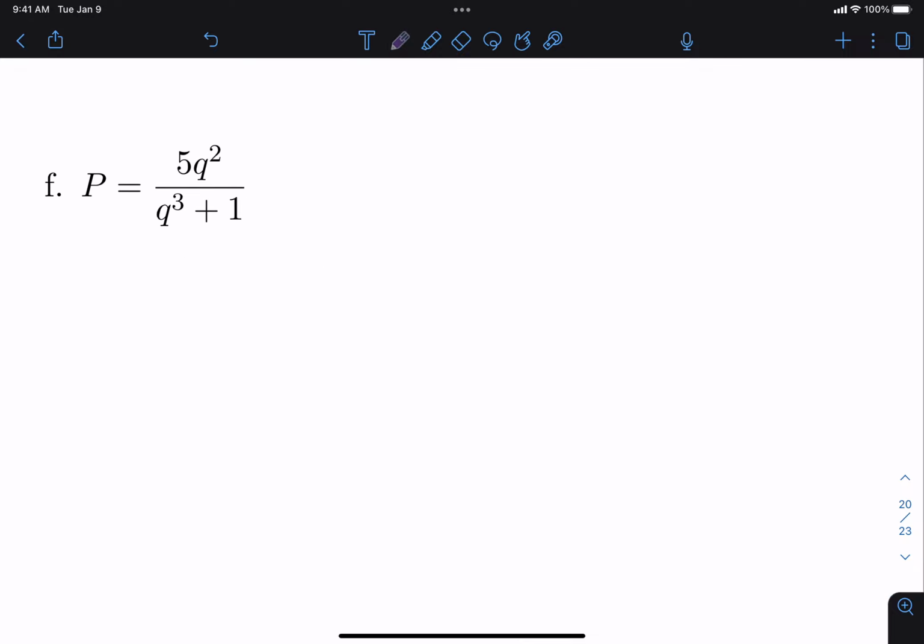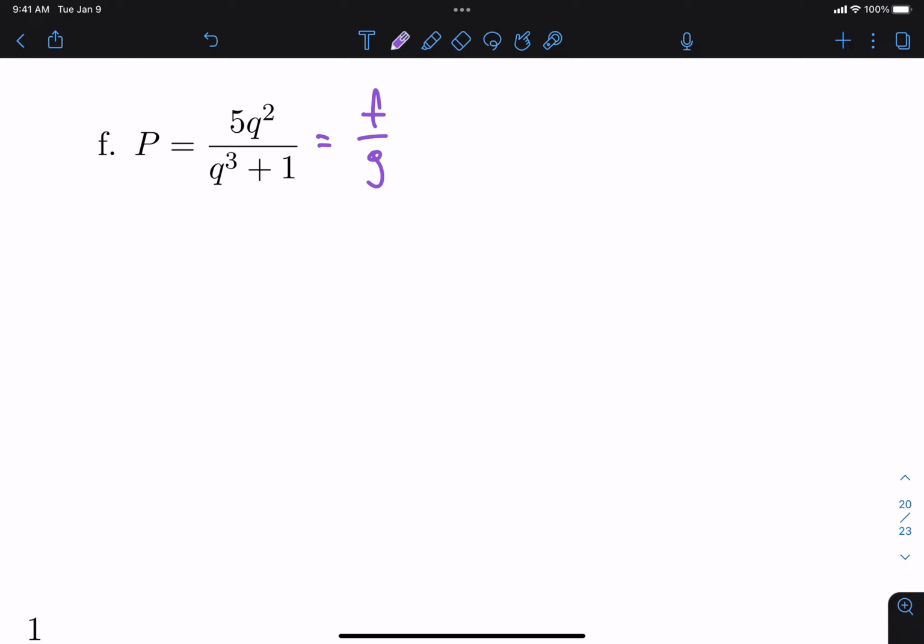So we've got p equals 5q squared over q cubed plus 1. Okay, so this is f over g. So I have to remember what the quotient rule says. So let's say that I don't remember the formula exactly, but I can remember that saying. What was that saying again? It was low d high minus high d low all over low squared, right?